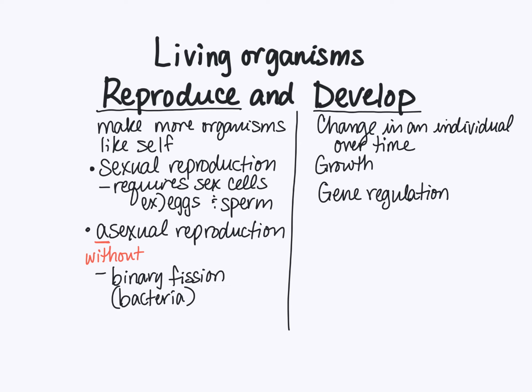So think about, for example, puberty. There are a lot of physical changes that happen during puberty, and those physical changes are due to genes that were previously not active becoming active due to different cellular signals in your body through hormones and neurotransmitters and stuff like that.